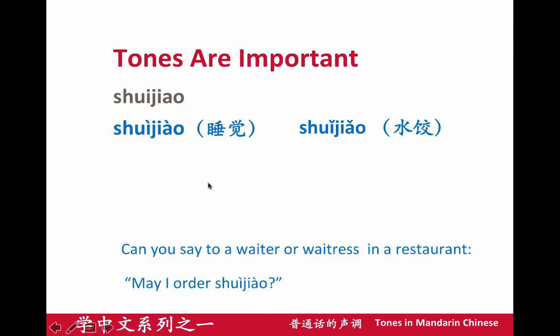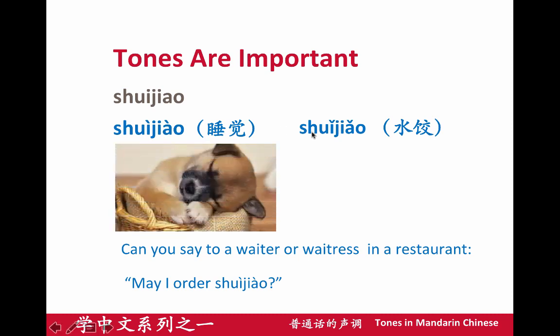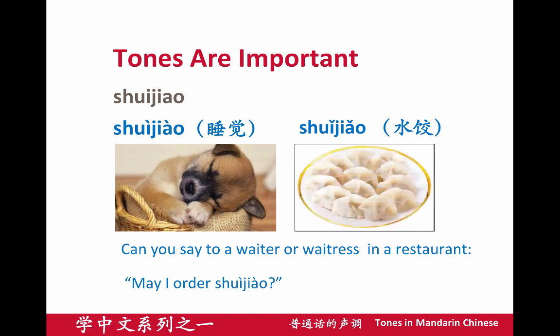One more example, 睡觉, if it is 睡觉, both fourth tones, it means to sleep. If it is 水饺, 2 third tones, it means dumplings. So when you go to a restaurant, can you say to a waiter or a waitress, may I order 睡觉? No, it should be, may I order 水饺, right?